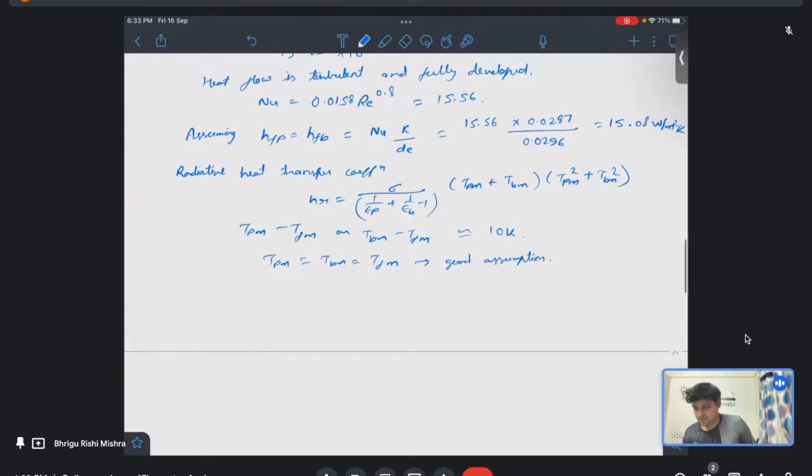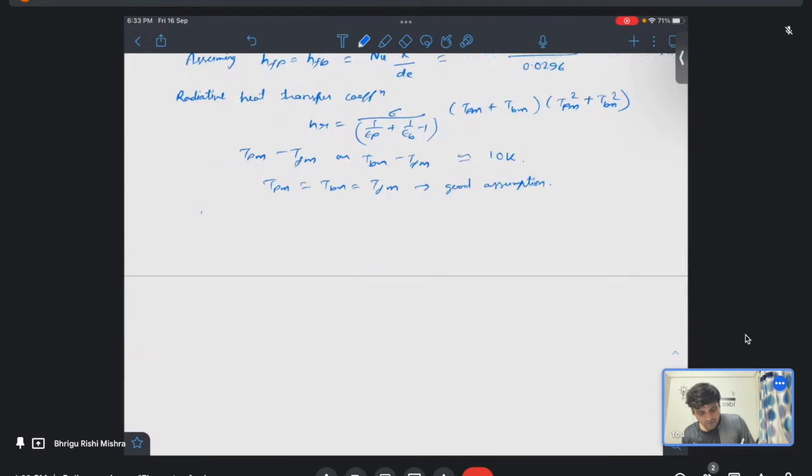So if we put the values here, sigma is 5.67 into 10 to the power minus 8, and this is 4 into (273.2 plus 55) cube divided by 1 by epsilon P plus 1 by epsilon B minus 1.